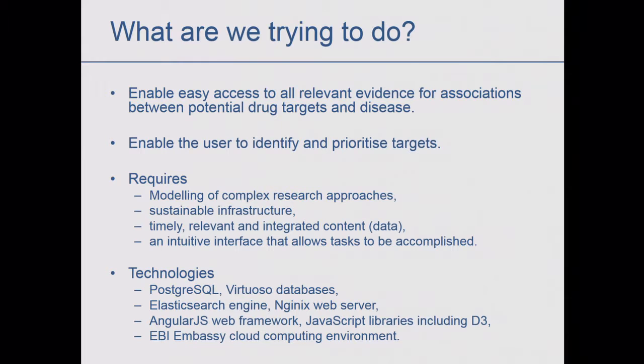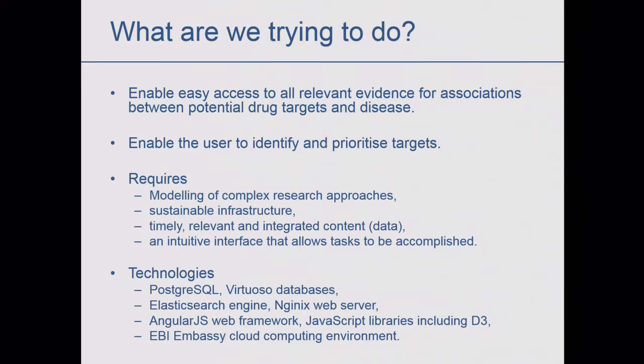So now just concentrating on what we're trying to do with targetvalidation.org. It's really about enabling easy access to the relevant evidence that describes the association between a target, a potential drug target, and disease. And it's that enabling easy access that we want to prioritize. So the idea of the platform is that it should be intuitive.